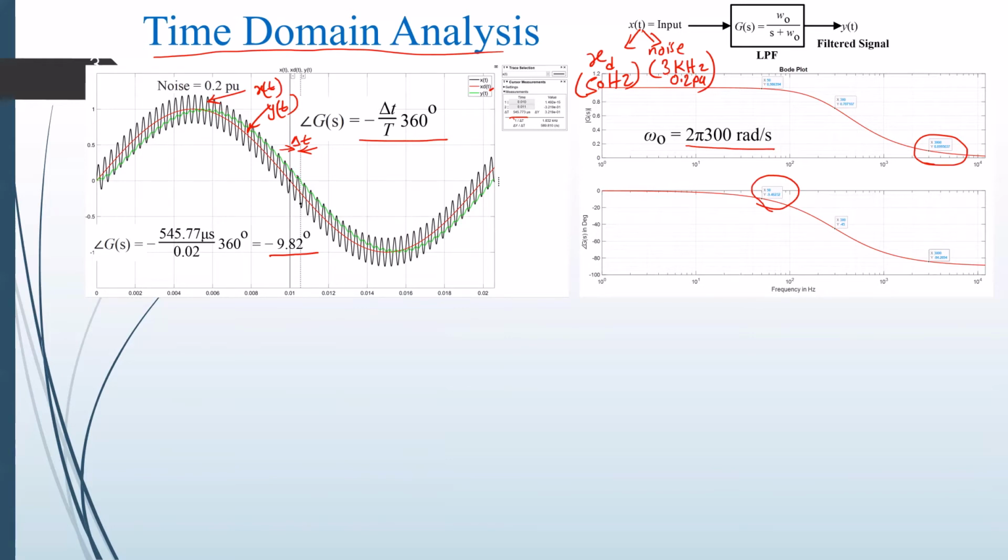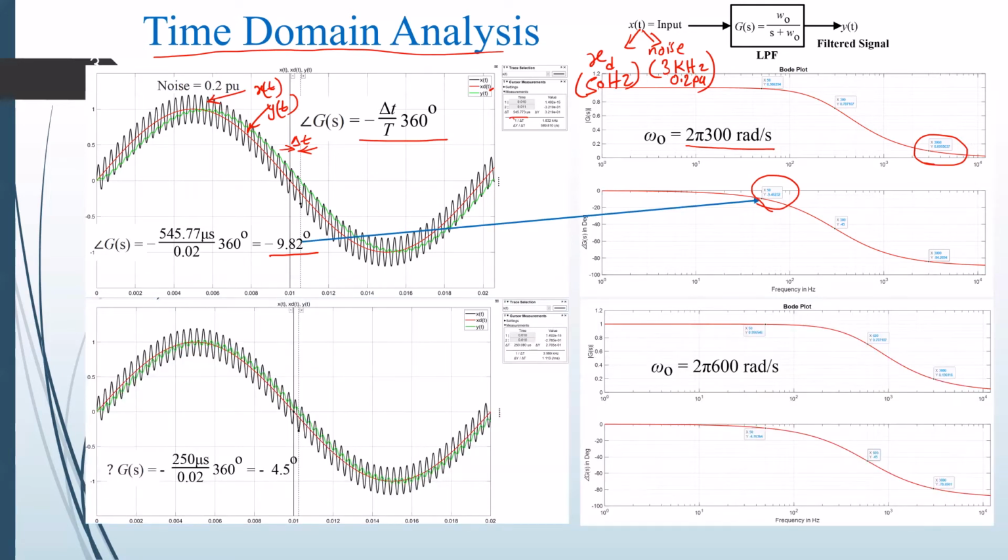Of course, this delta T is prone to some error, but you can see they are very close. So this is one way you can understand the influence of Bode plots on your actual time domain system. You get less magnitude of the noise in the output, but you see a significant phase difference between your output signal and input signal.